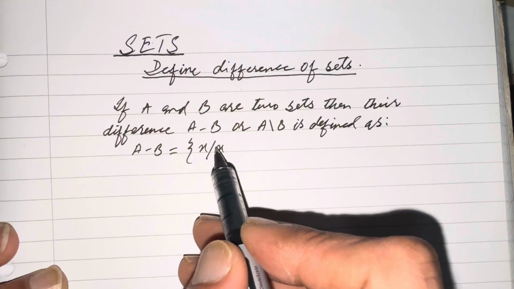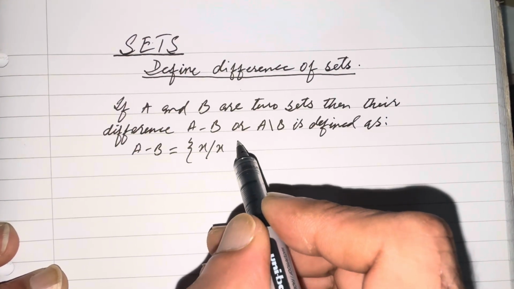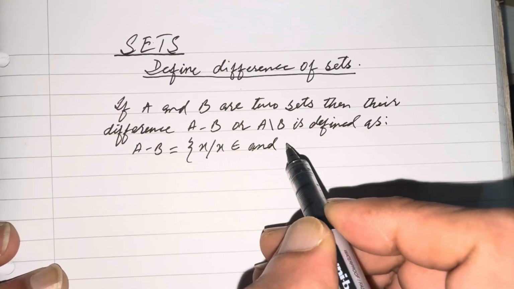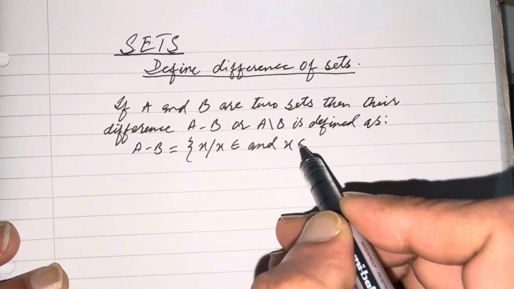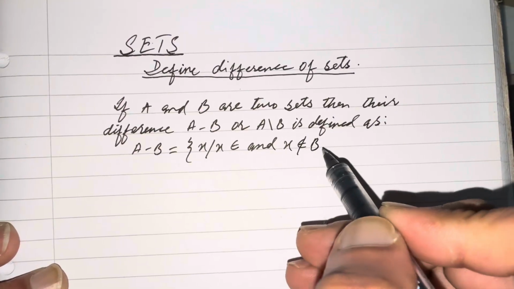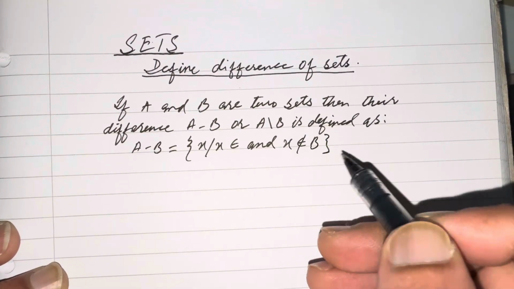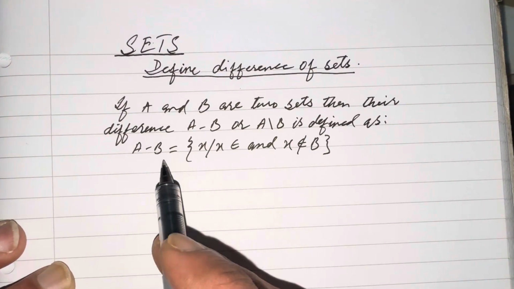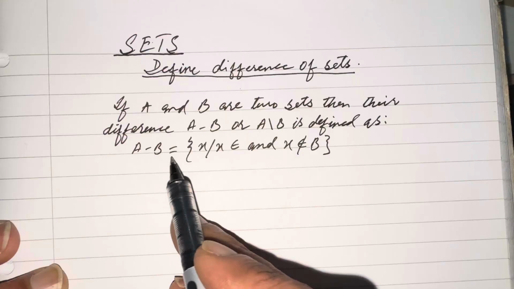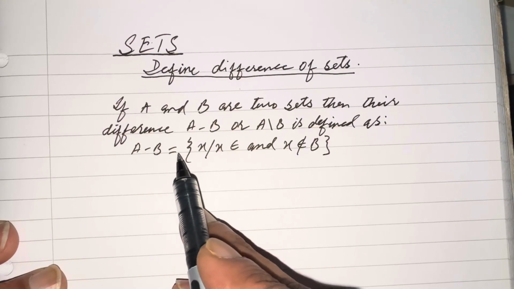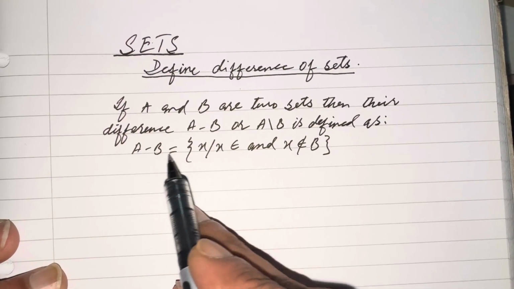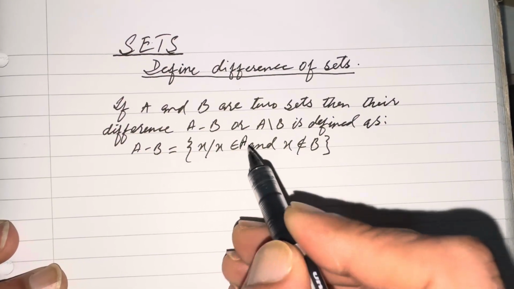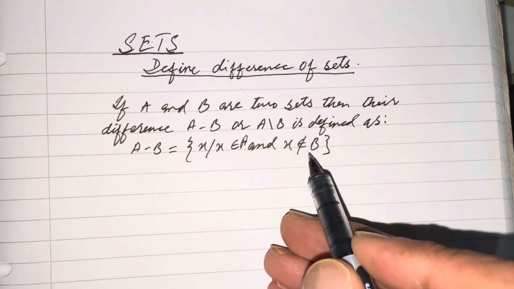So x, where x belongs to A and x does not belong to B. So that's the way that we can explain the difference of sets A and B, that can be written as x where x belongs to A and x does not belong to B.